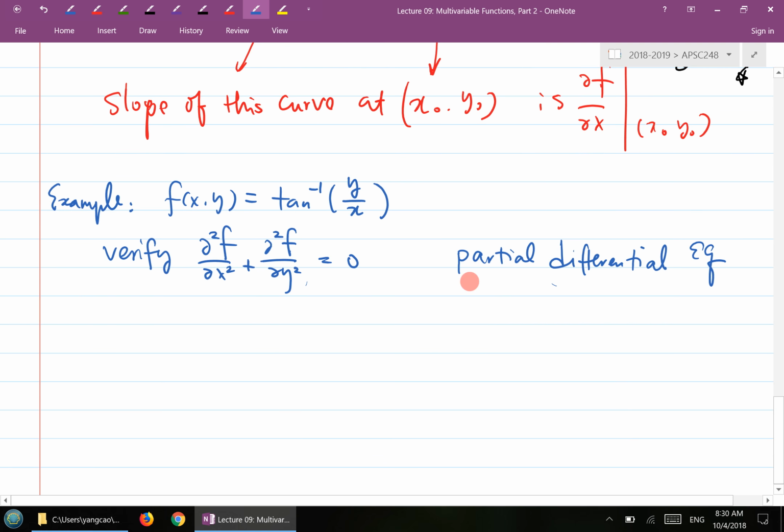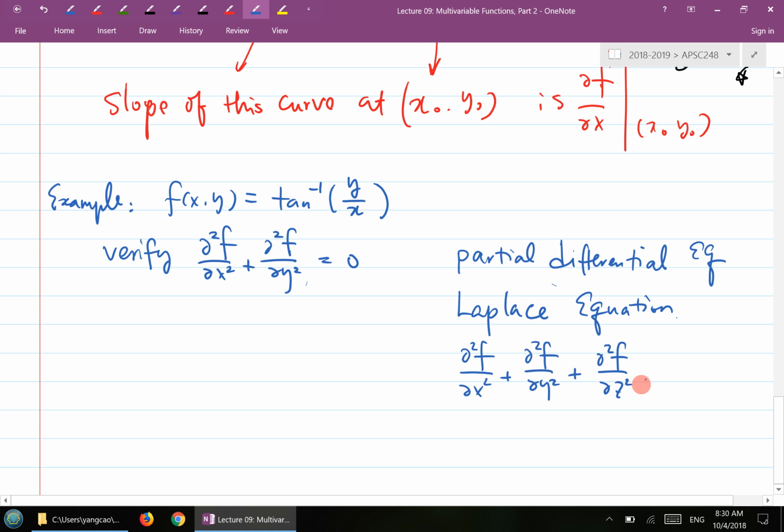A proper name of this partial differential equation is the Laplace equation. This is a Laplace equation in 2D. If your function is a 3D function of 3 variables, then you can easily extend that by adding one more term.